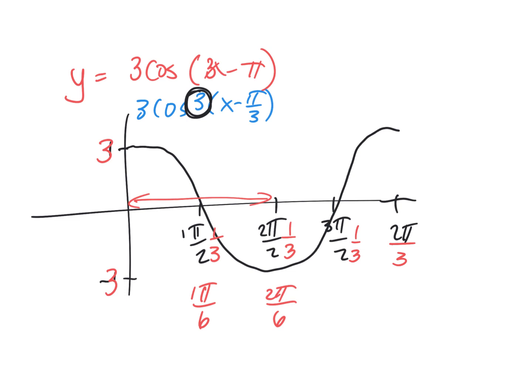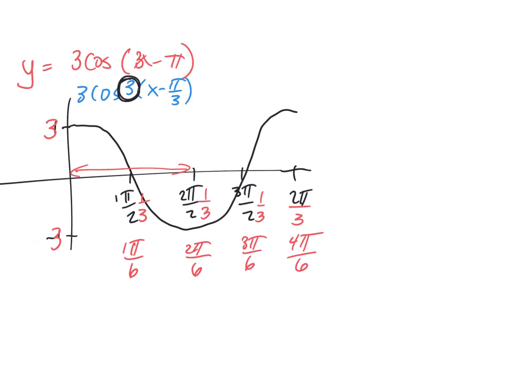2 marks. Let's finish this. 1 pi over 6, 2 pi over 6, 3 pi over 6, and 4 pi over 6. I'm aware you can reduce those. No, I don't require you to reduce those because to me they flow so nicely. And then they help you number it. When you have to move this thing to the right, then you're supposed to number all the spots where you moved it. So if you moved it right like you were supposed to, 2 marks, well then I need 2 more marks on here.